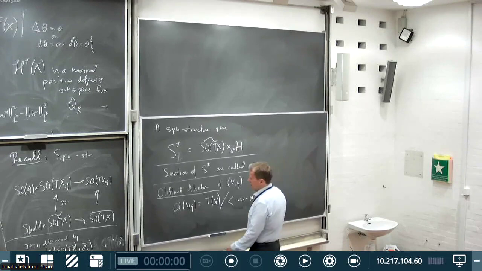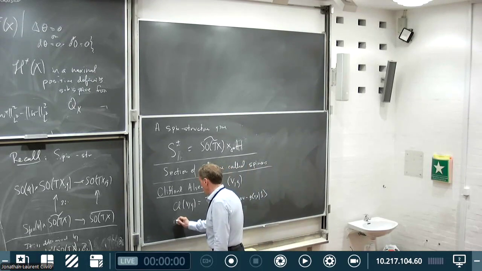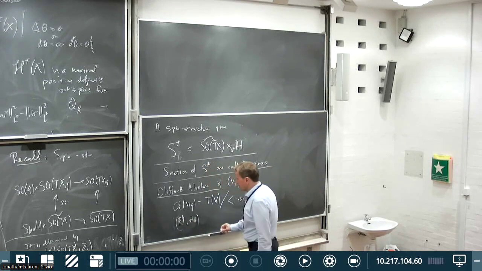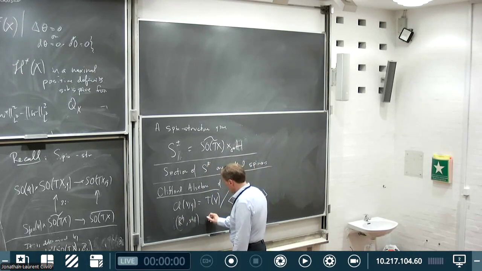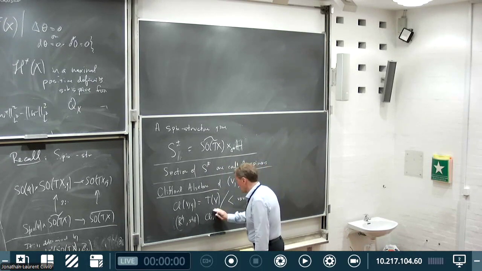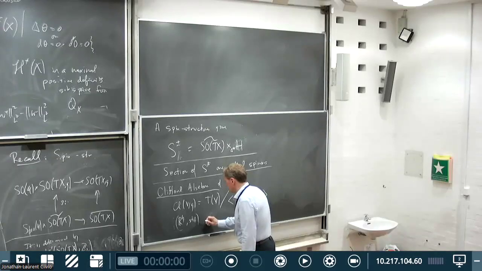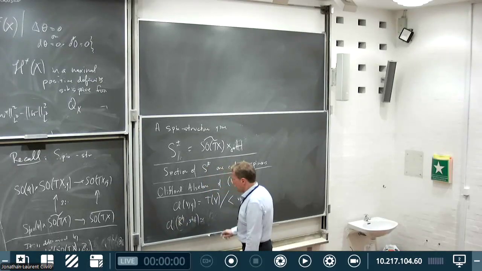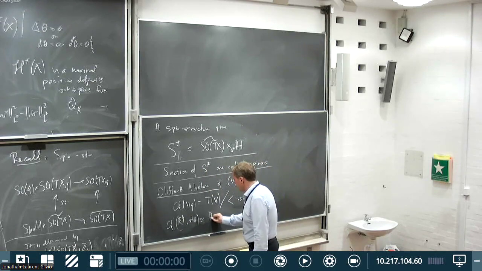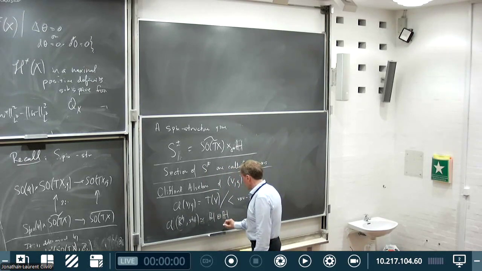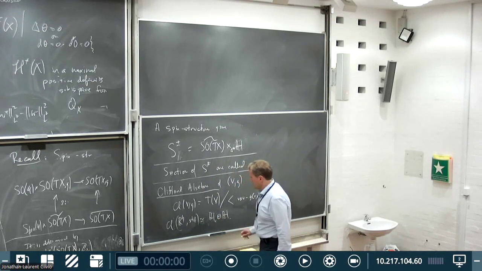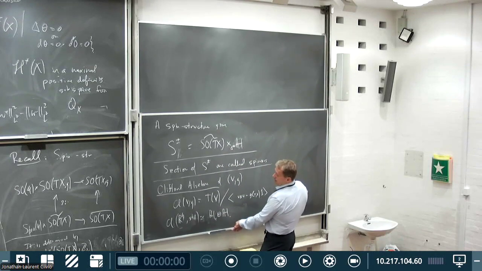So in dimension 4, the Clifford algebra of R4 with the standard inner product is isomorphic to two copies of the quaternion algebra, plus and minus.